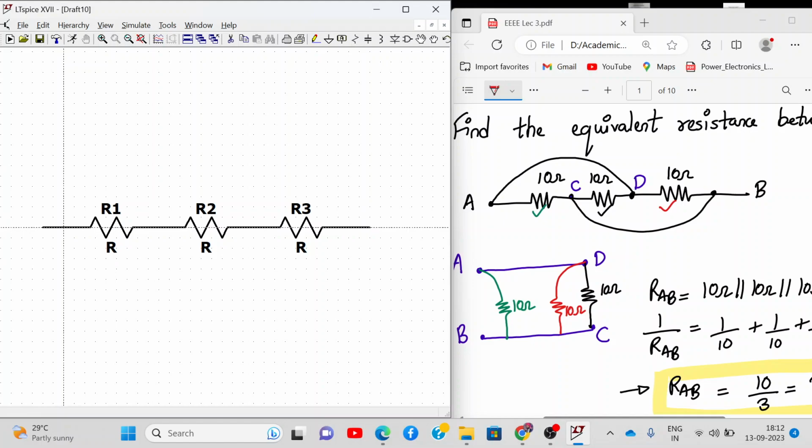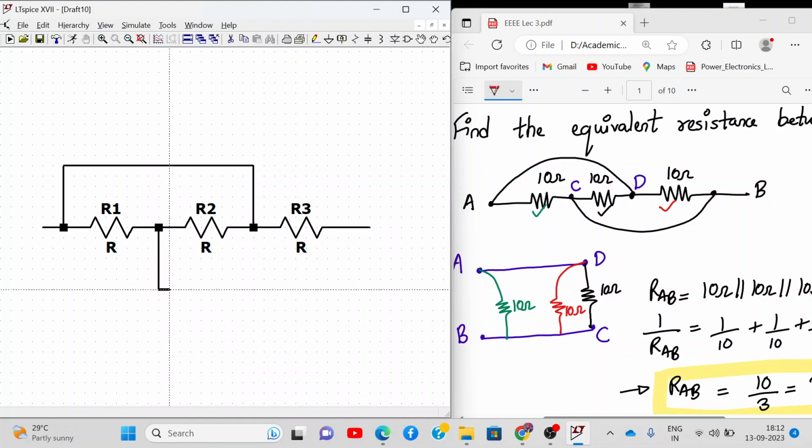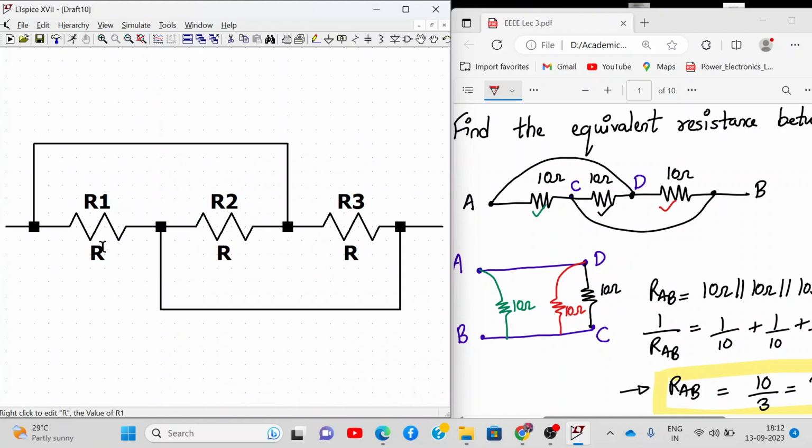So this A is going to this D. Alright, and over here, from here, it goes over here. So the circuit is exactly as it is shown over here. Alright, now we'll mark the resistances as 10, 10, and 10.